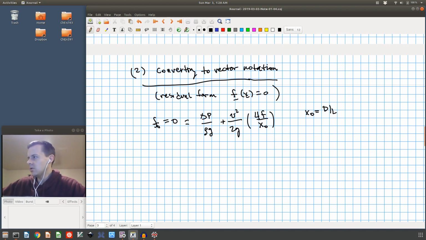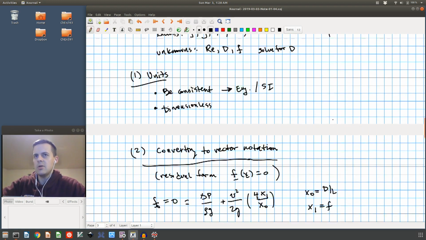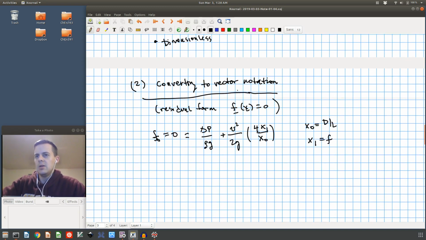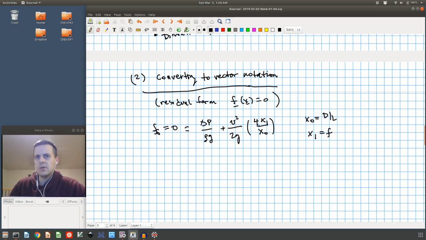I'm going to call F my x1, so I'm going to erase this and make it 4x1. I'll have x1 equals F. That was another one of my unknowns. So in my list of unknowns I had D and F, so I made two of my unknowns in that one. So f0 is some function of x0 and x1, and just a bunch of other numbers.